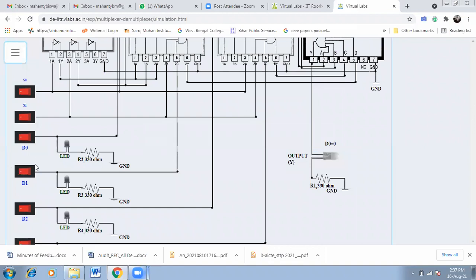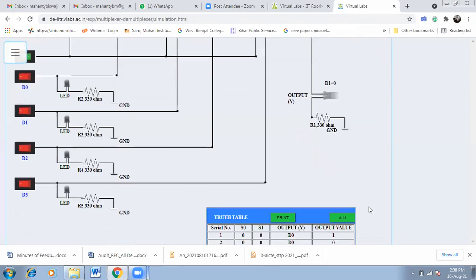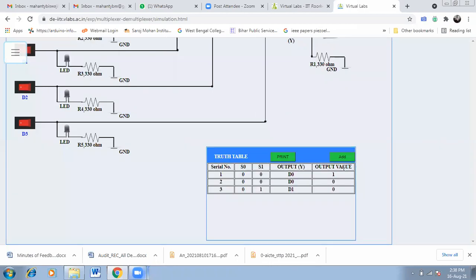Now if you want to send D1 value, so S0 should be 0, S1 should be 1.